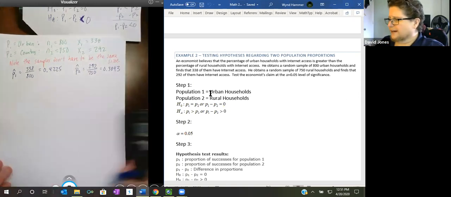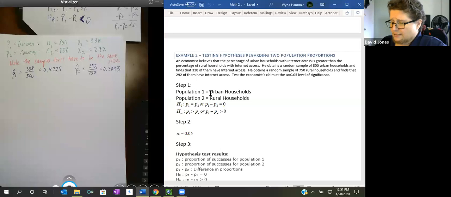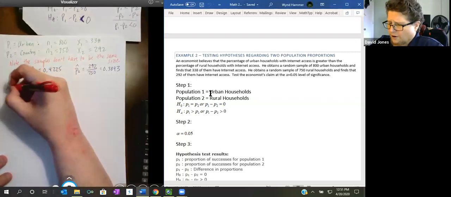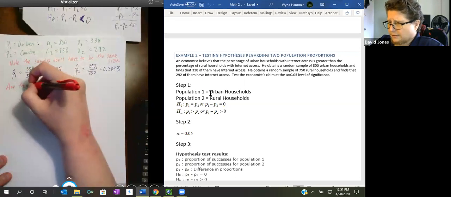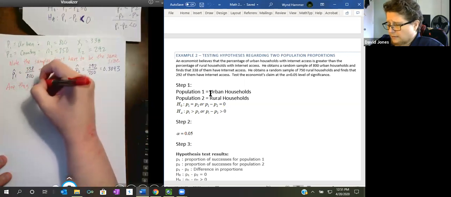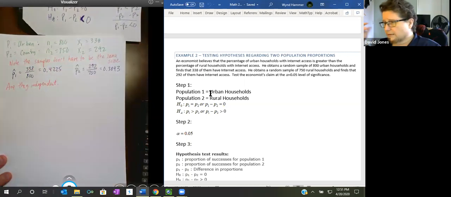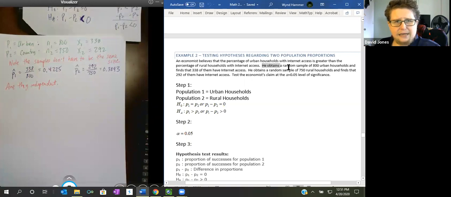Do we satisfy the conditions? You should do this every time. Are they independent? Notice he says he obtains a random sample.